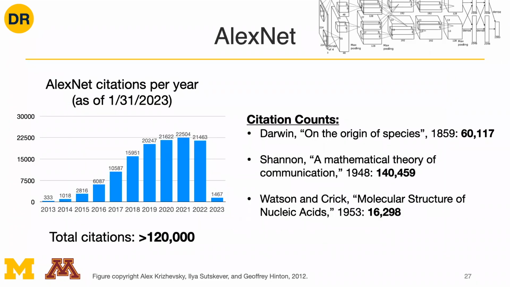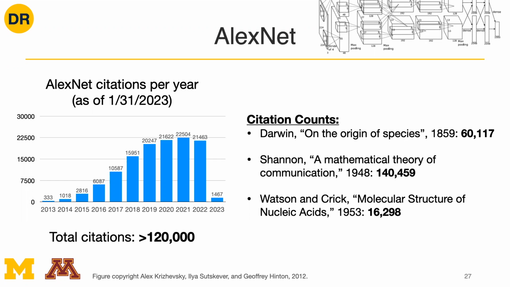Okay, to give a little bit of understanding of how huge an impact this particular work has made, let's look at the number of citations. Citations are one way to see how much impact a particular work has made over the years. This was published in 2013, and it's almost a decade. We have over 120,000 citations.